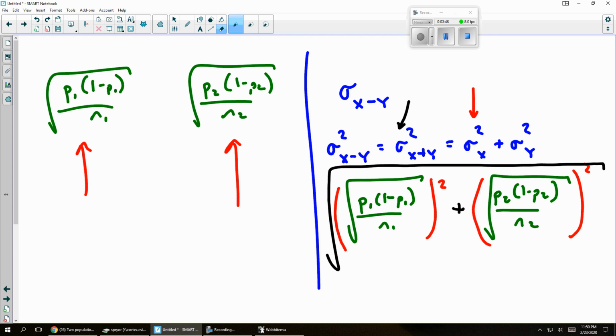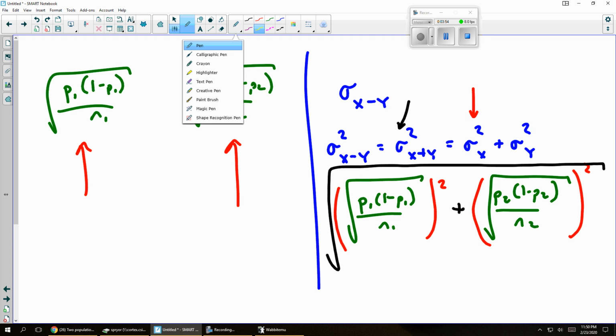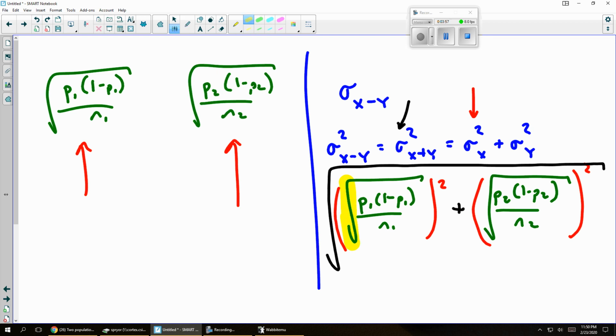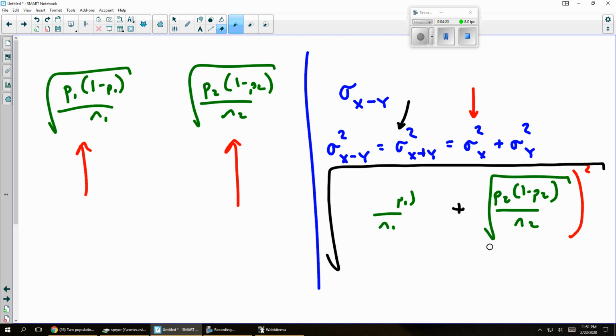For example, I notice that this square root and that square cancel out. And likewise, this square root and that square cancel out. So I'm going to use my eraser and get rid of them. This is going to make this formula look a lot more palatable. Same thing over here.